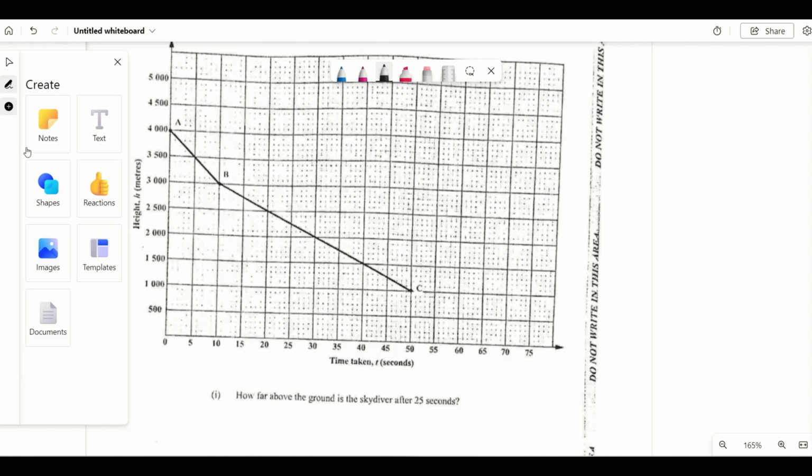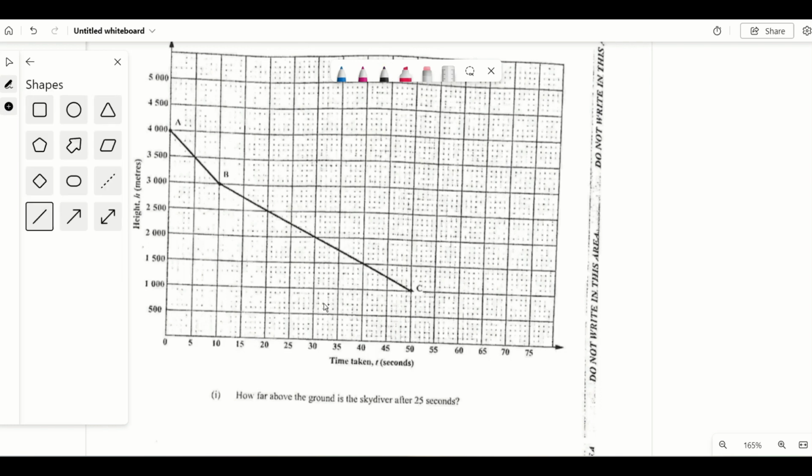So we are just going to look for where 25 is at. 25 is here. This graph is really horrible, but I'll tell you that is actually 22.5 spaces.